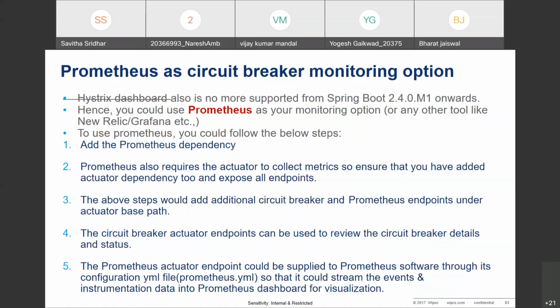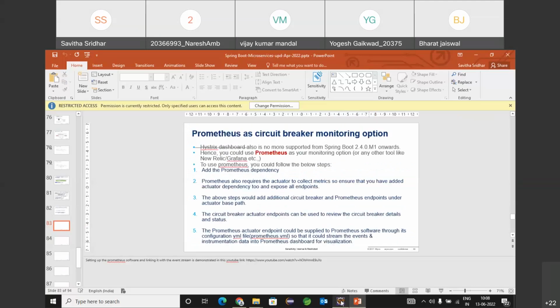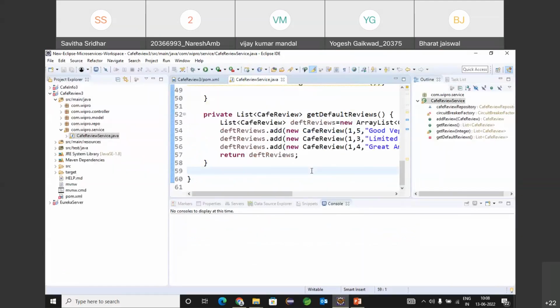So you will be expected to use another product as a dashboard, and then you have to feed the stream of events from your app to the dashboarding tool, so that the dashboard tool might show you some appropriate data. So this is the second part of our discussion. But before I talk about the second part, let's look at our app where I can implement our circuit breaker. Have a look at this, please, all of you.